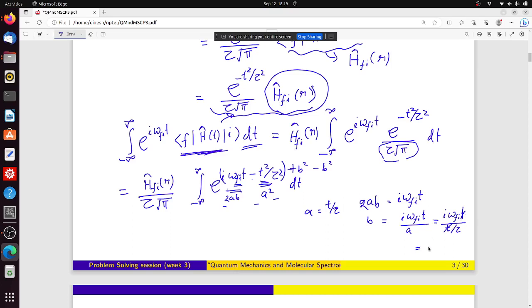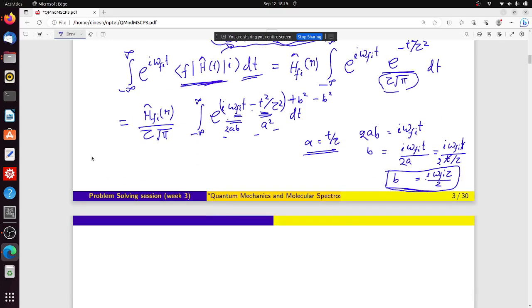So this is 2 times i omega phi tau over 2. My b is this one. So my a is this, b is this. So what I have to do, I have to add one b square term and subtract one b square term, right? So let me write this again.